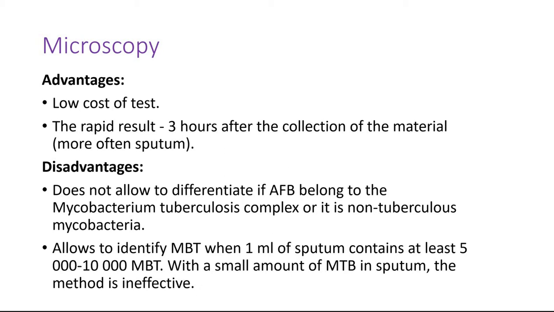The second disadvantage is that this method identifies Mycobacterium tuberculosis only when 1 milliliter of sputum contains at least 5,000 or 10,000 Mycobacteria tuberculosis. So it's not a very good resolution. With a small amount of Mycobacteria tuberculosis in sputum, this method is not effective.